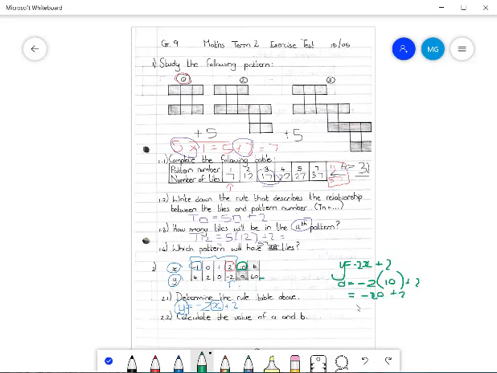Plus 2. Now remember, I owe someone 20 rand. I pay them back 2 rand. How much do I still owe them? 18 rand. It's not a -22, it's -18. Okay. So if x is 10, then y will be -18.